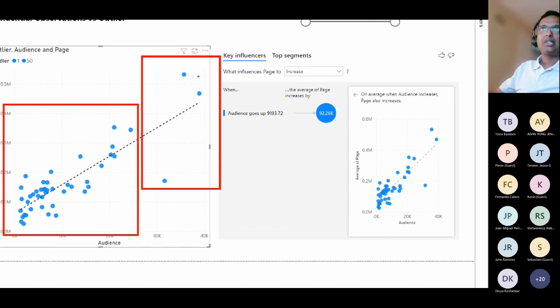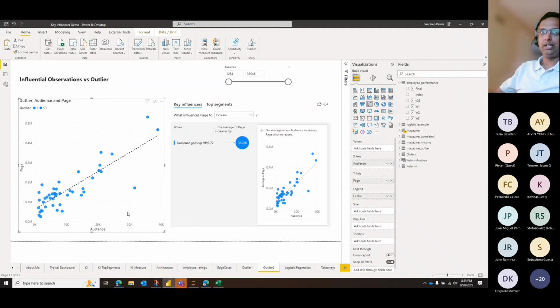Now, these are not outliers because you can't completely rule them out. This is something that exists, it's real. But again, because this is a linear regression, the linear regression will be influenced by these factors.